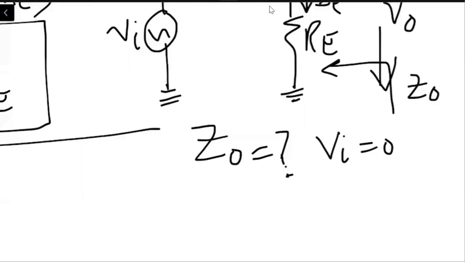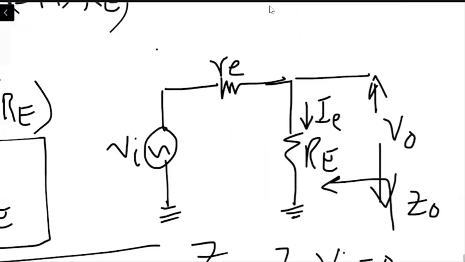Now, when we put Vi equal to 0 in this circuit, this means there is no Vi, and the voltage source is going to be short circuited. Once it is short circuited, how will this circuit look now?